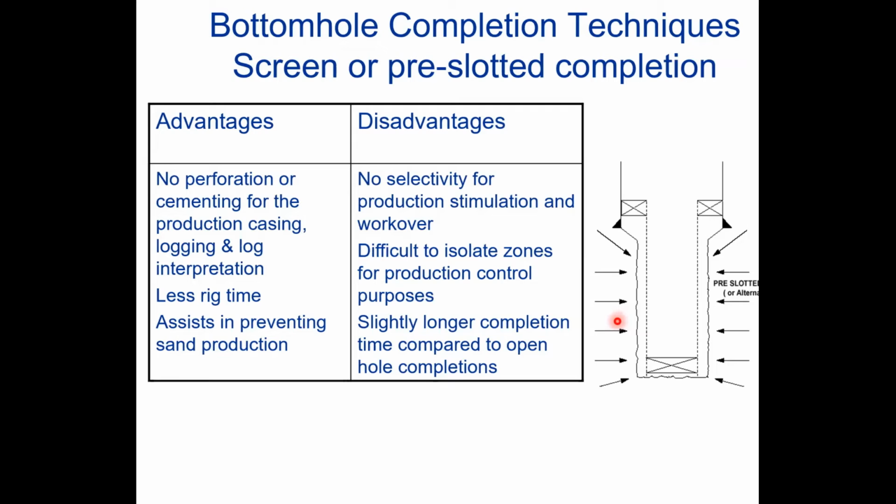Any place you have a bend, a change in direction, sand can cause erosion and cause problems. So this perforation, this slotted liner will to some extent prevent sand production. But if you notice, there is a gap between here and here. That will mobilize sand, because the sand can move in.